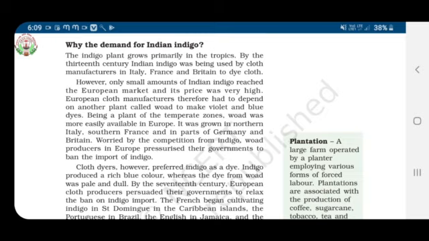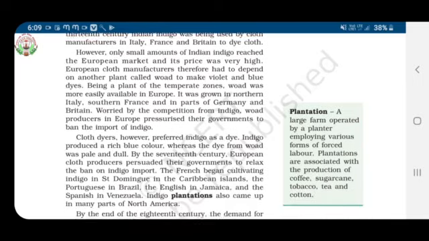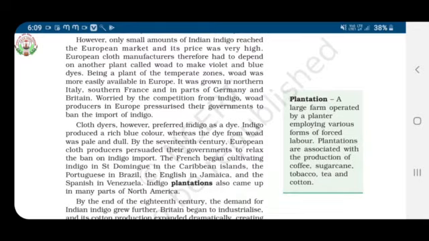By the 13th century, Indian indigo was being used by cloth manufacturers in Italy, France, and Britain to dye cloth. However, only a small amount of Indian indigo reached the European market and its price was very high.